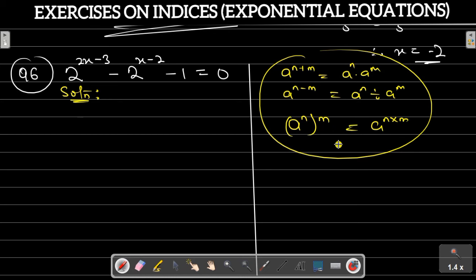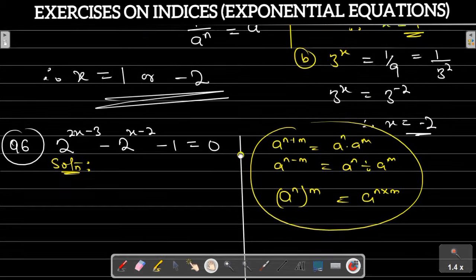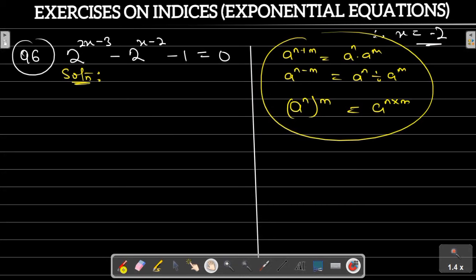So the other one is now how to take any number to index form, giving you a particular base that you want. That's the approach we use in getting our final answer. Okay, so once you know all of this, it's easy to find your way around these exponential equations leading to quadratic equations.